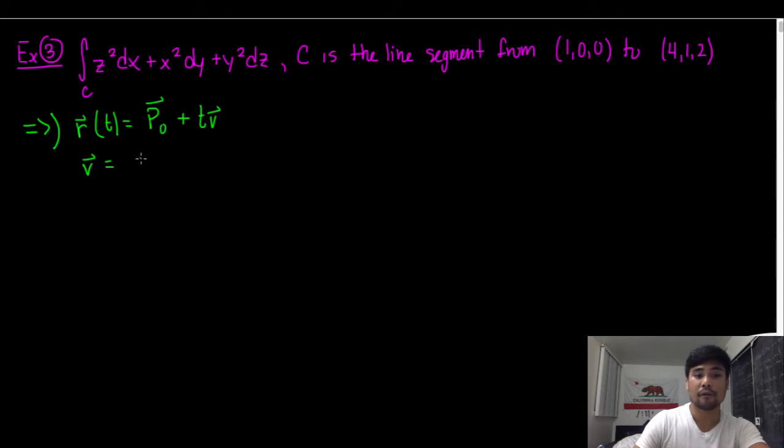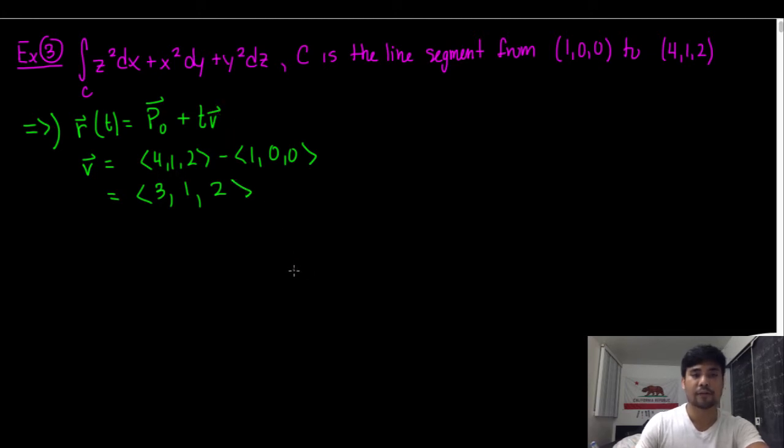So we'll have the vector 4, 1, 2 minus 1, 0, 0. Okay, and we get 4 minus 1 is 3, 1 minus 0 is 1, 2 minus 0 is 2. Okay, there's that vector there.